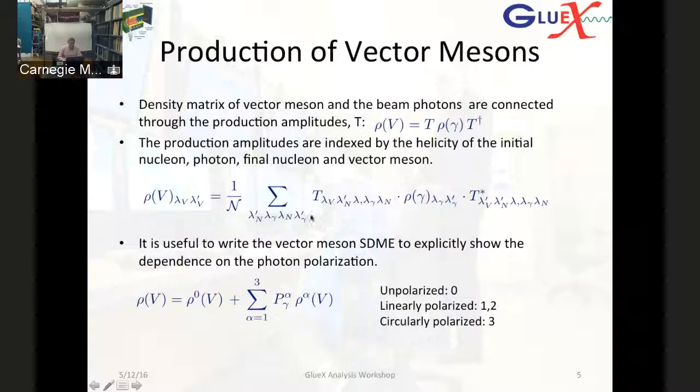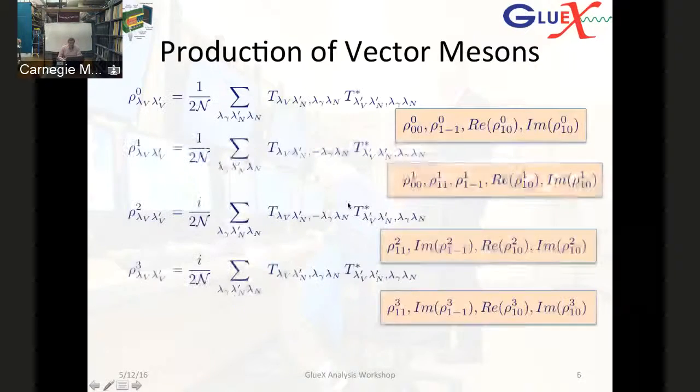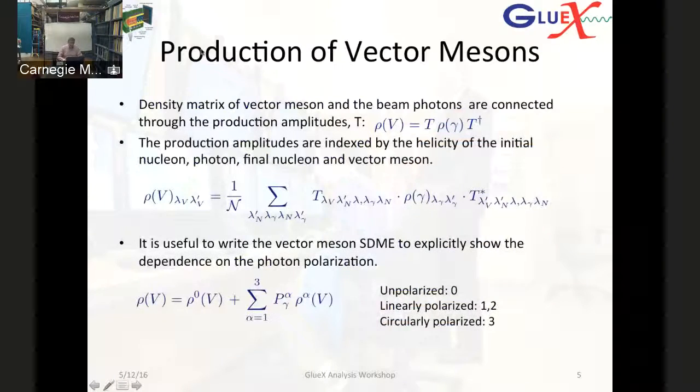It's basically a sum over all the helicities of here's the vector meson, the outgoing outgoing nucleon, I guess there's an extra lambda floating around in there, sorry. This is the photon, and then the target nucleon. Here's the photon density matrix, and then the complex conjugate.